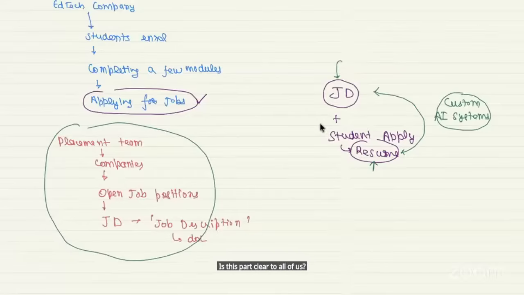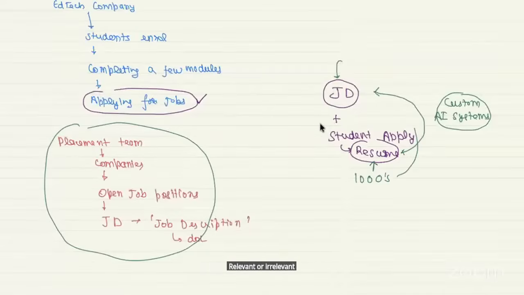Rather than doing this manually, for example, a single job can attract up to 1,000 participants. Thousands of students can apply for a job. But are all of them eligible for the job interview? Maybe not. And how do you decide whether somebody is relevant or irrelevant?